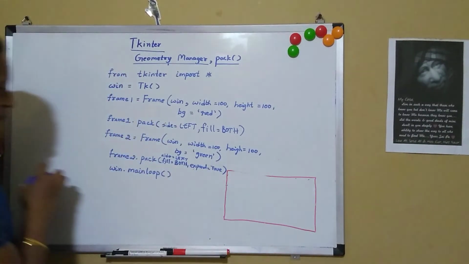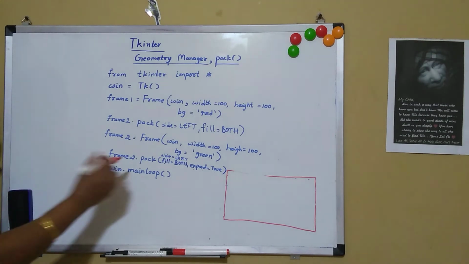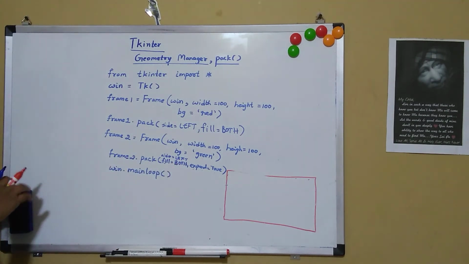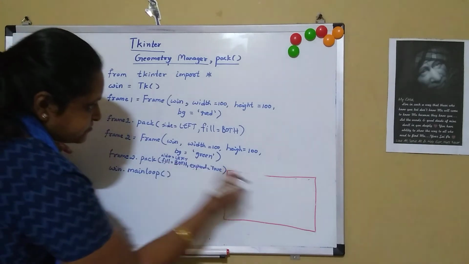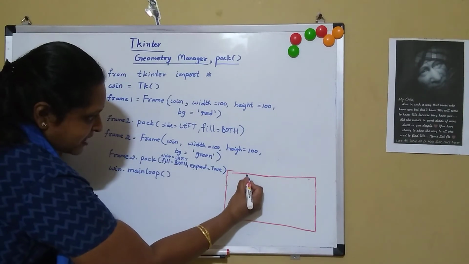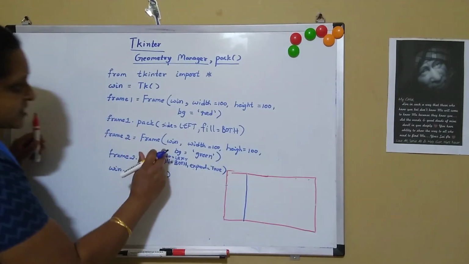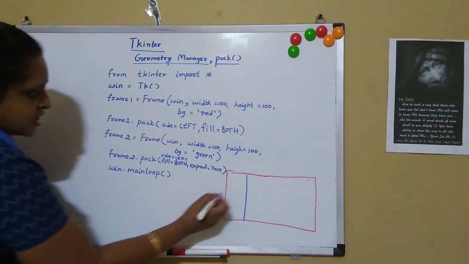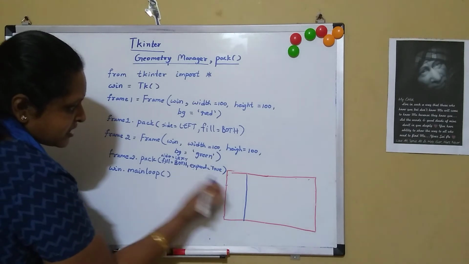So when I specify the side parameter as left, my frame widget will occupy the left position. Since I have given fill equal to both, the whole of the left position it will occupy and it will fill it with red color.